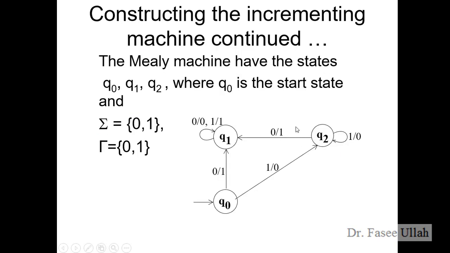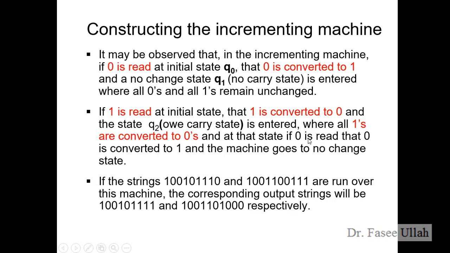All the ones are converted to 0, and in that state, if 0 is read, that 0 is converted to 1, and the machine goes to the no change state.